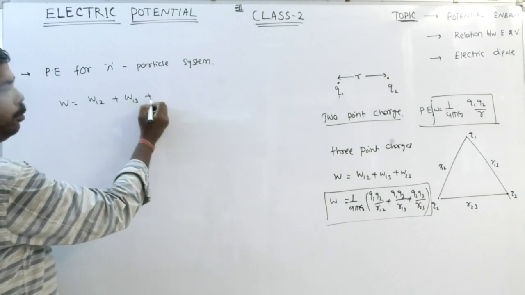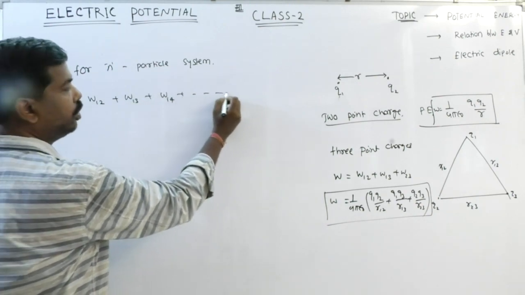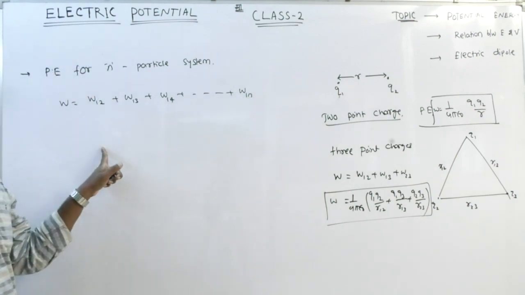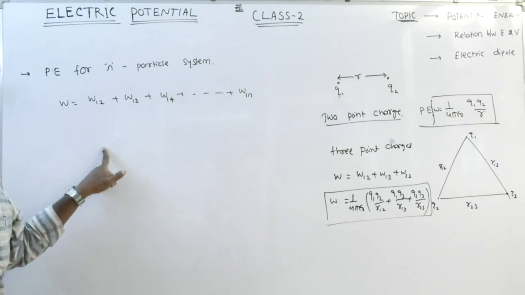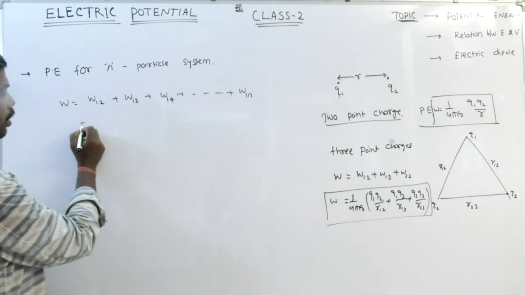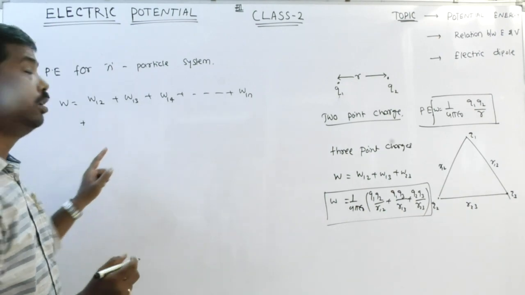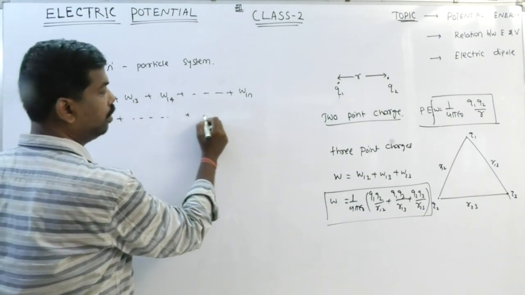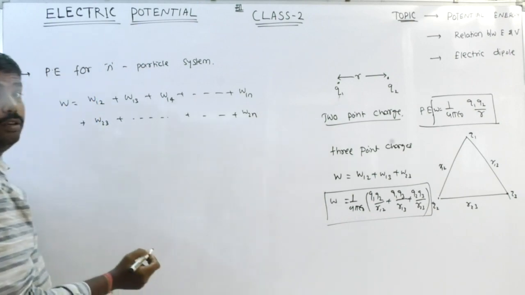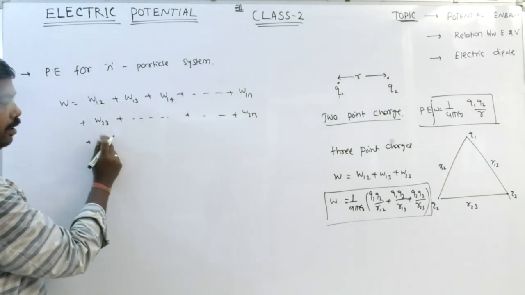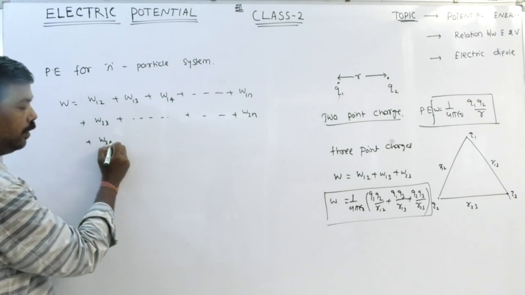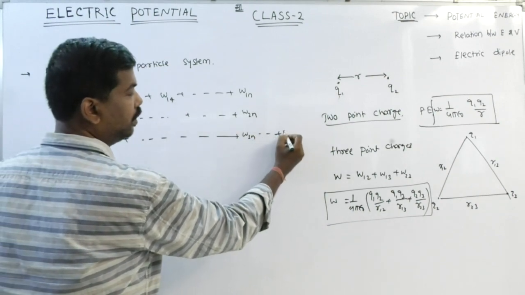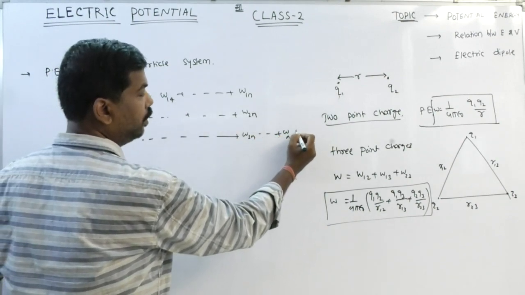W12, W13, W14 and so on. Clear? Similarly, W23, W24 and so on, then W34 and so on, up to the n minus 1 and n term.